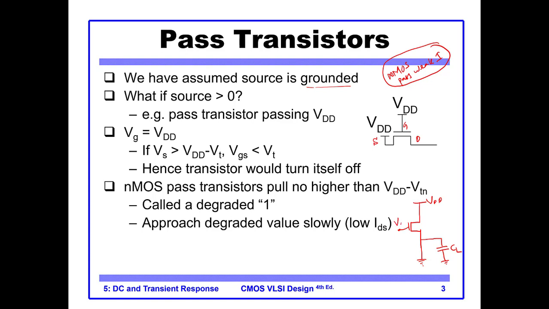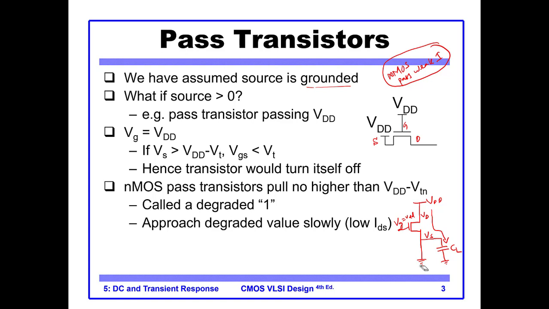So this is our VG, this is our VS, this is our VD. So imagine that VG is equal to VDD. So we need a positive voltage for the transistor to turn on. So in this case the transistor is turned on and the current ID will start flowing, okay?